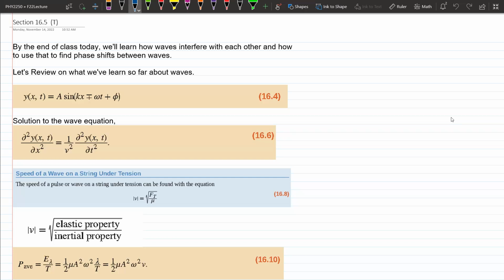But at the end of class today, we're going to learn how waves interfere with each other. This is going to be the section on interference of waves, and there are a lot of interesting properties you can use. One useful application of interference of waves is noise canceling headphones.